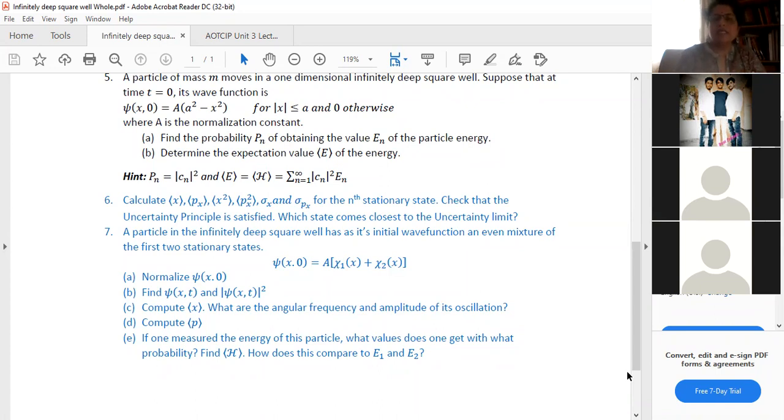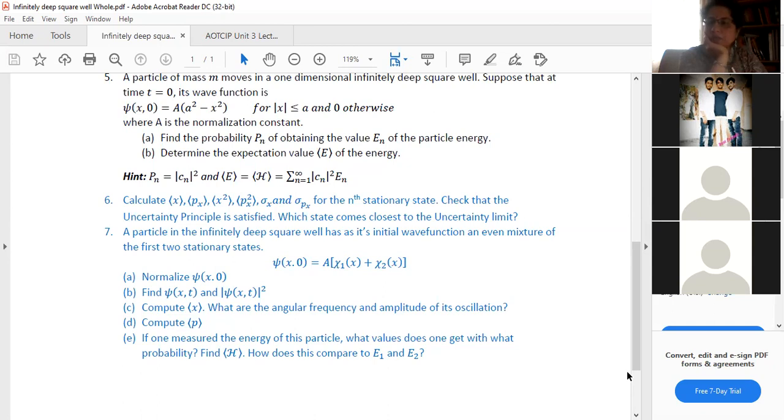So it is an even mixture of the first two stationary states, which means the ground state and the first excited state. So your psi(x, 0) is nothing but chi1(x) plus chi2(x), where chi1 and chi2 are essentially the ground and the first excited state.